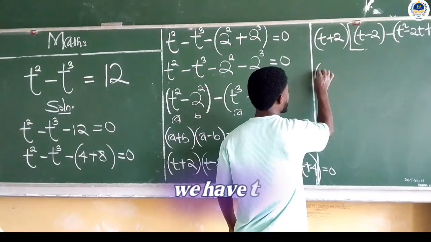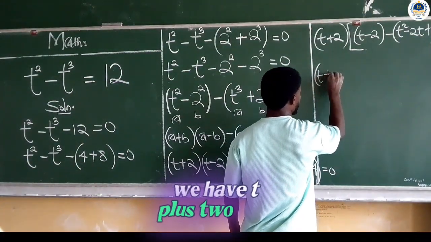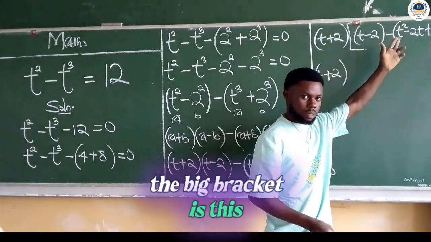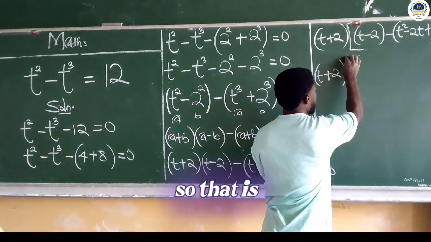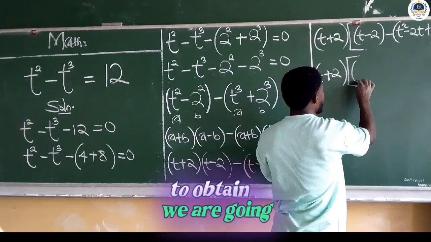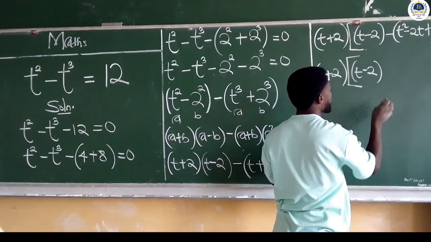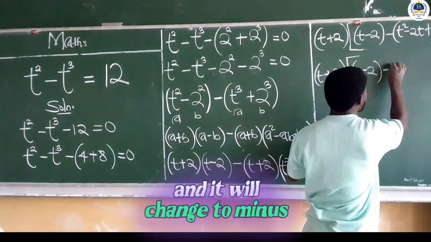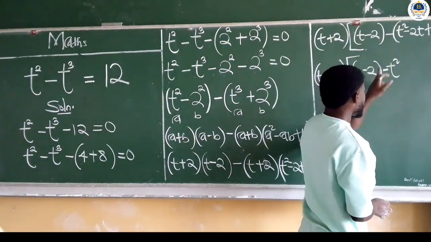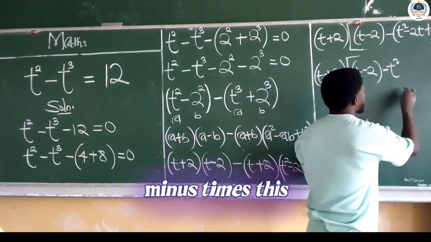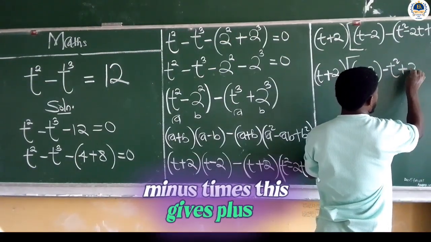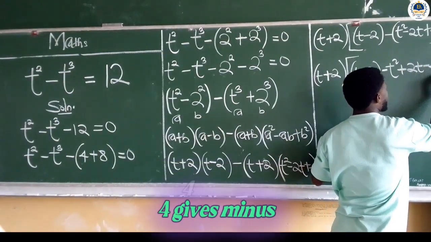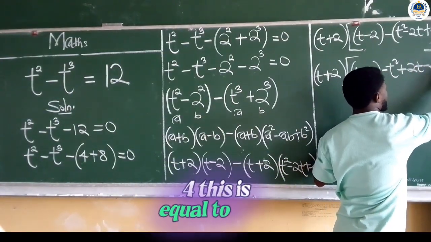We have t plus 2 plus 2. The big bracket is this. So we are going to obtain t minus 2, minus sign will affect this, and it will change to minus t squared, minus times this gives plus 2t. Minus times 4 gives minus 4. This is equal to 0.